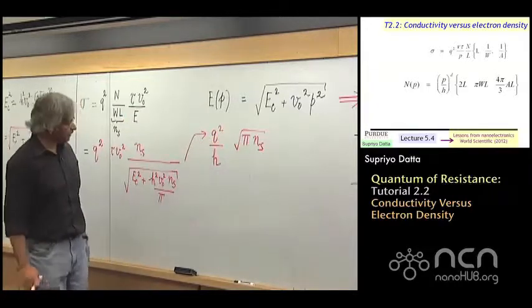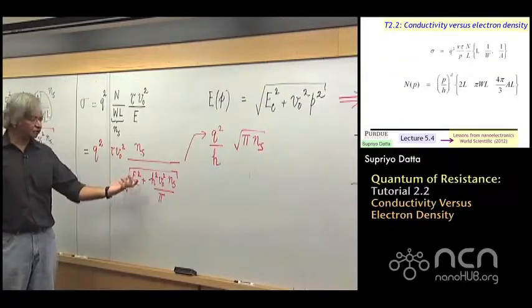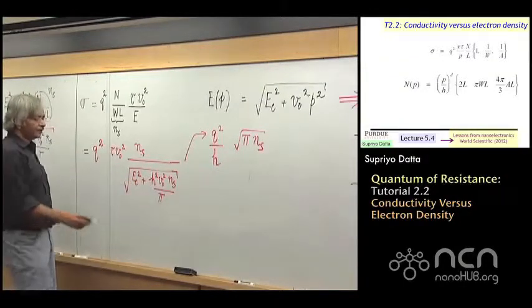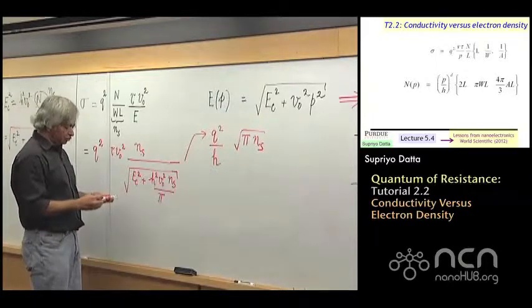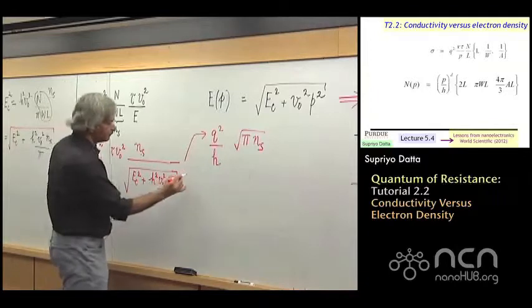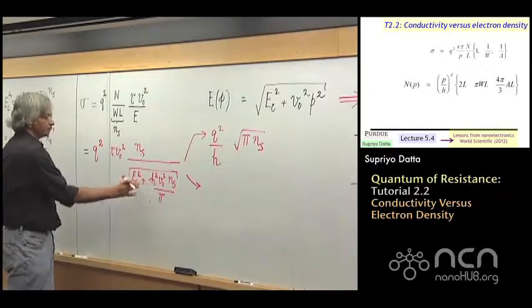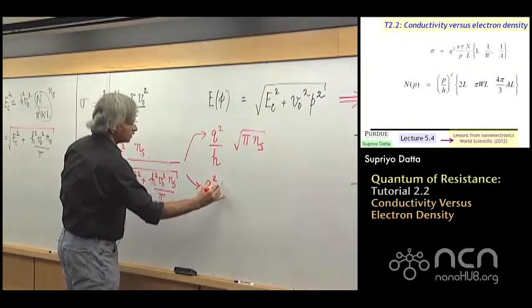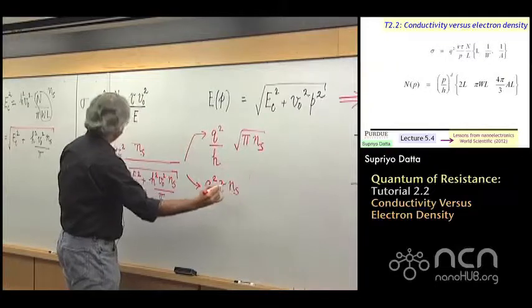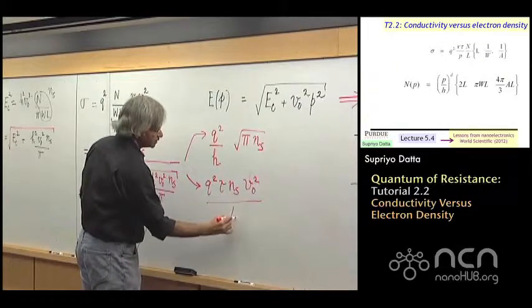The point is, this is what we had done in module 2.4, where we got a conductivity proportional to square root of Ns. On the other hand, if you let EC be some very large quantity compared to this, then you can drop this. Then you get the usual Drude formula, what you expect for parabolic relations. That is, if you drop this, this becomes EC, and so what you get is Q square tau Ns V0 square divided by EC.